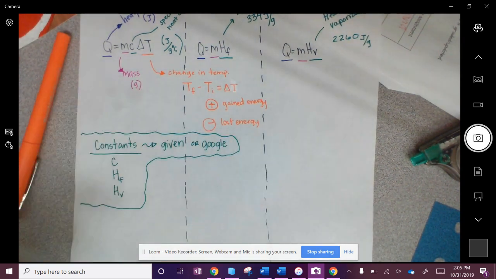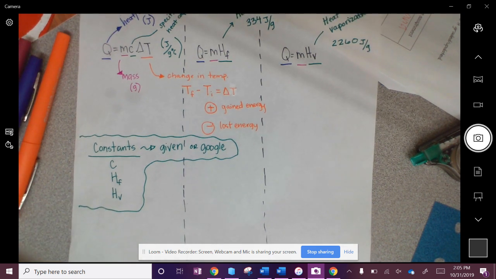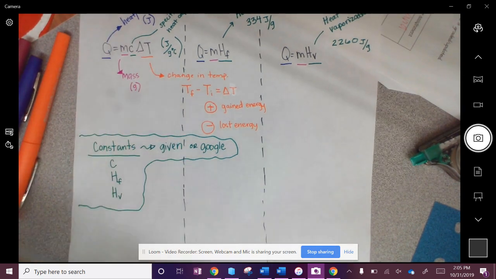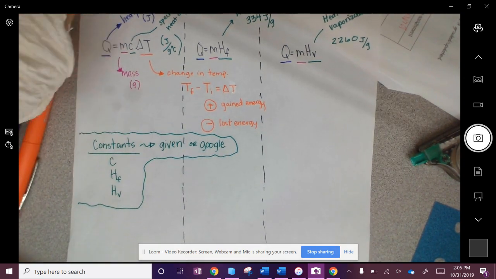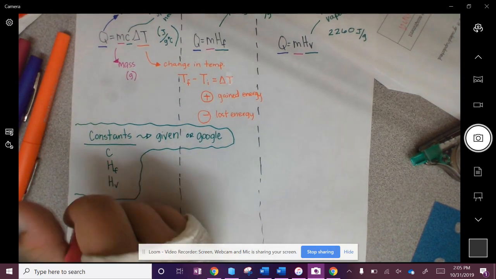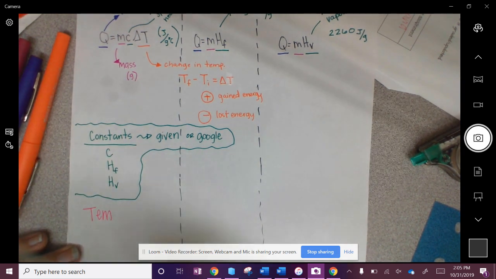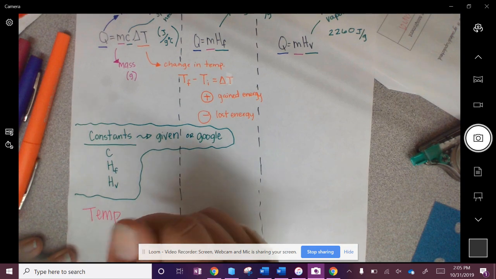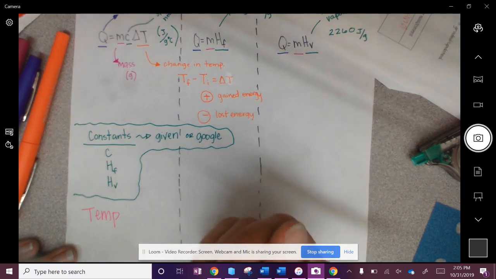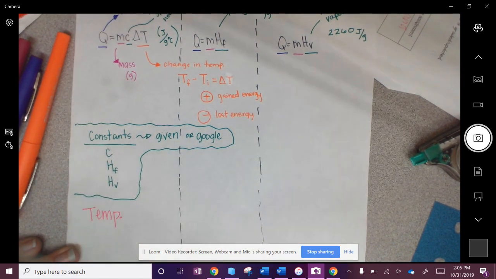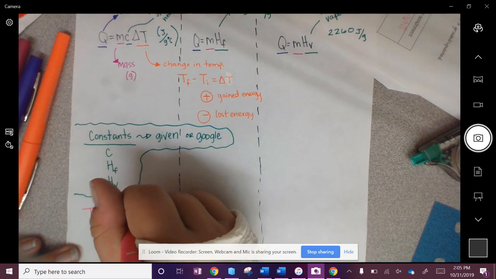So, when do we use each of these? We are going to use Q equals MC delta T anytime there is a temperature change. If I'm reading the question and it says the temperature is changing, or it gives me a temperature change, or it's asking me to find a temperature, then I am going to be using this equation. So temperature change, 100%.